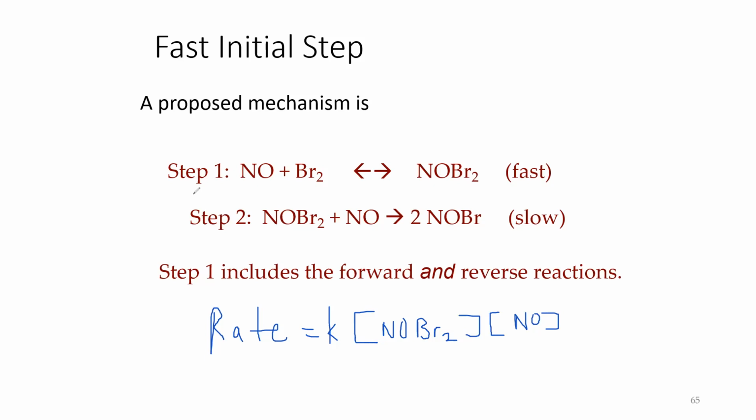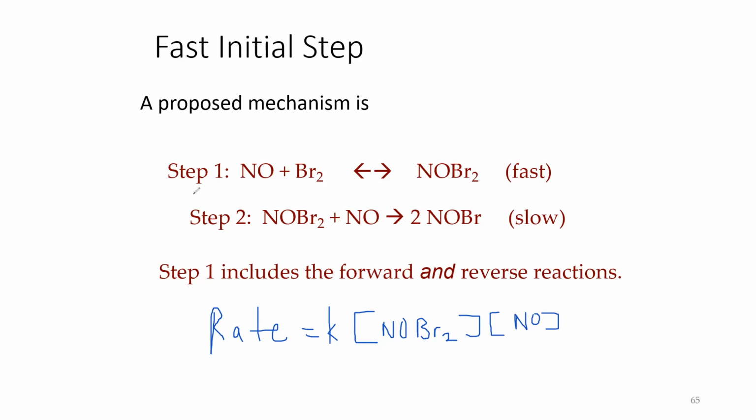But you'll note that the first step up there at the top is actually a reversible reaction. So we've got an equilibrium with both sides of that reaction. And with step 2, where we wrote the rate law because that's our rate determining step, one of those substances, the NOBr2, actually isn't a reactant of this one.